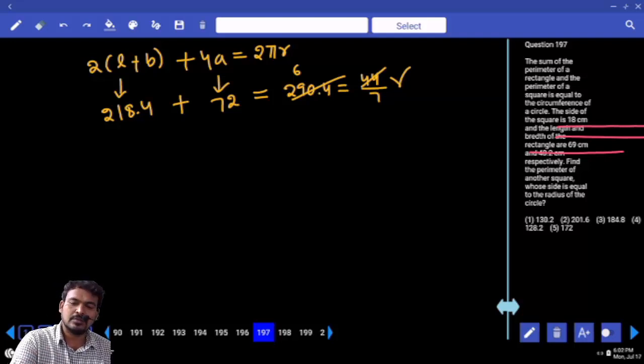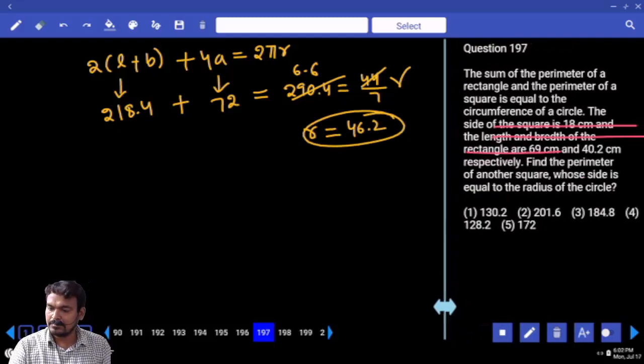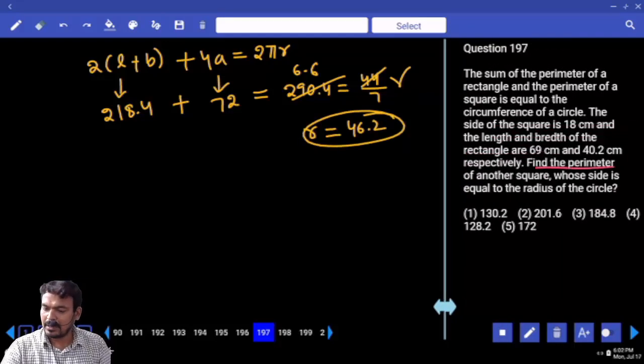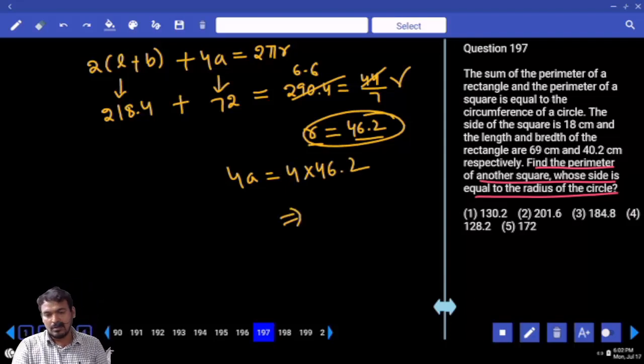Again 6 times, remaining 0.6, then r equals 42 plus 4.2, that is 46.2. What is the question here? Find the perimeter of another square whose side is equal to the radius. Perimeter is 4 times the r value, so 4 into 46.2. The answer is 184.8.